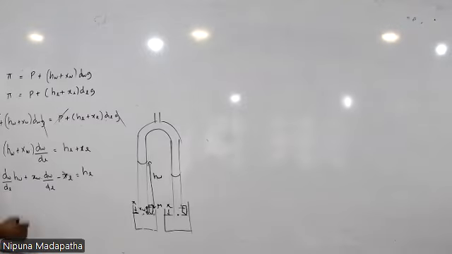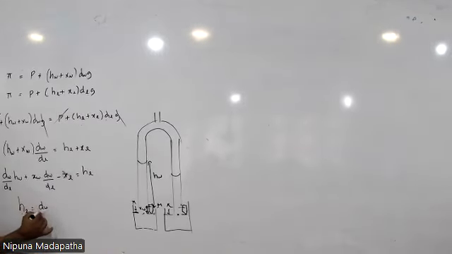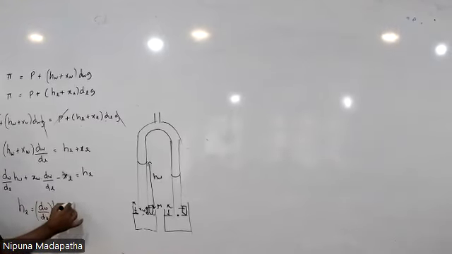So the final expression is this: HL equals dW over dL times HW, plus the other terms. So this is the final expression, right?